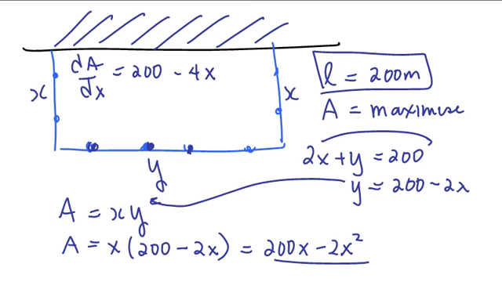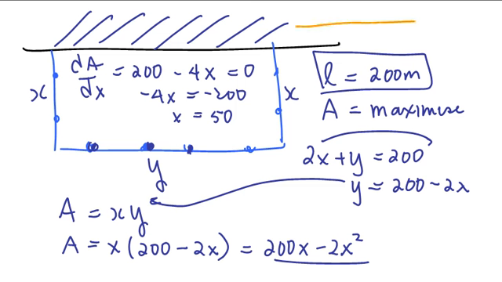And what I want to know is, where is that a maximum? I could do the first derivative test or the second derivative test, but what I'm going to do is figure out where the critical points are to start with. So where is this equal to 0? So where is negative 4x equal to negative 200? That means x equals 50. So it's going to switch at x equals 50.